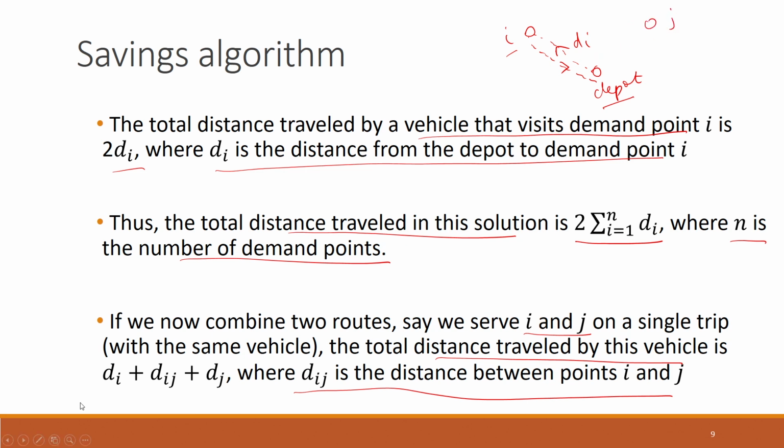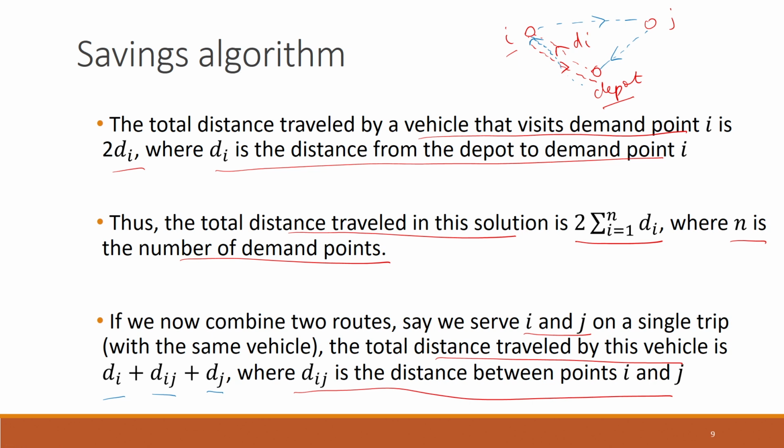From the depot node we are going to point i, and then from point i we are going to point j, and then we are coming back here. So, the total distance will be first from depot node to point i, which is di, then from i to j dij, and finally from point j to depot node we will be travelling dj.